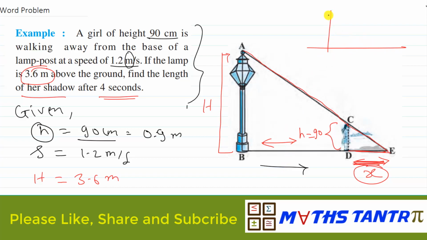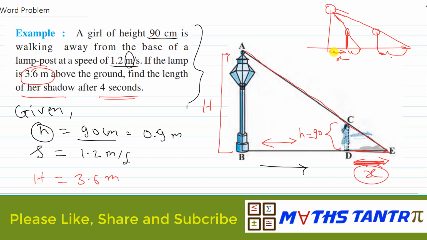Just a physics question. For example, there is a lamp, its rays are coming. If one person, Khushi, is there, at this distance X, her shadow will be of this length, right? And if Khushi moved to this place, you can see her shadow will be of this length.